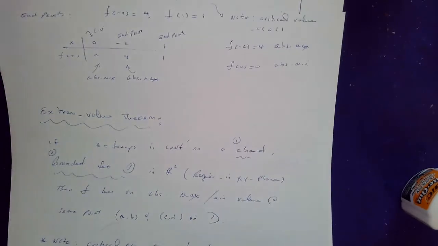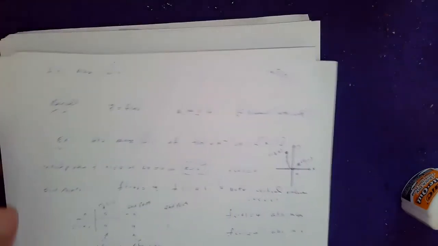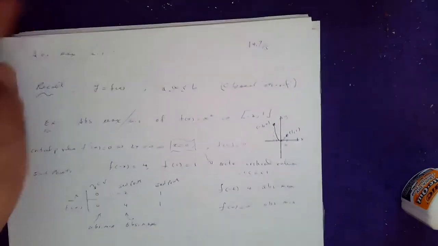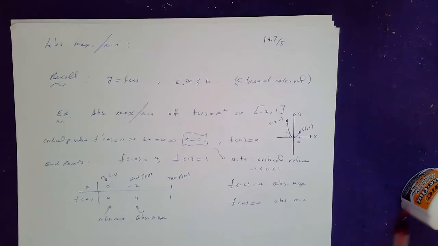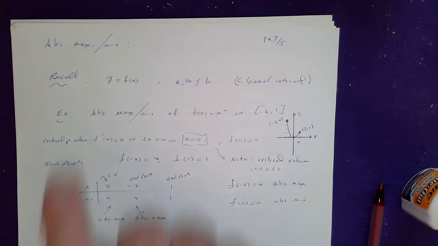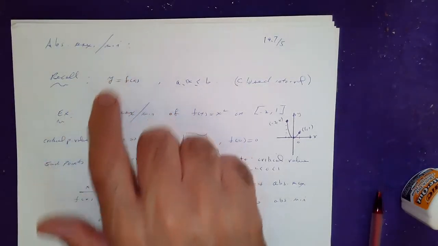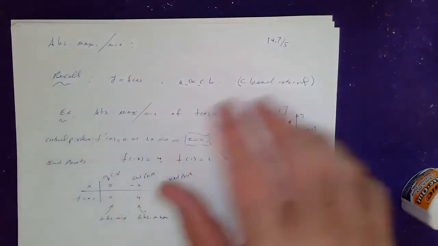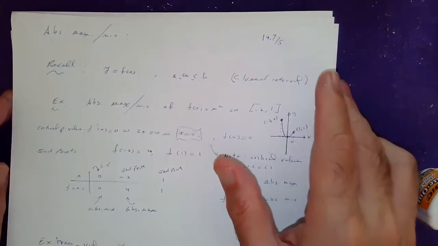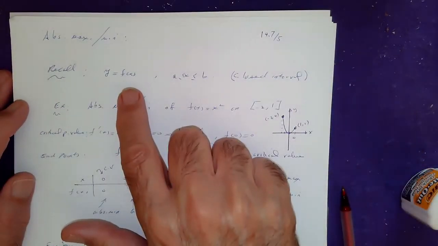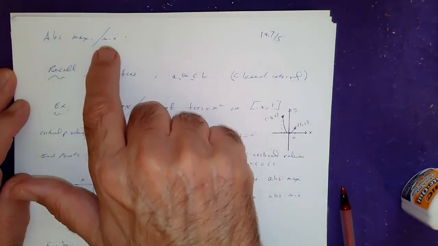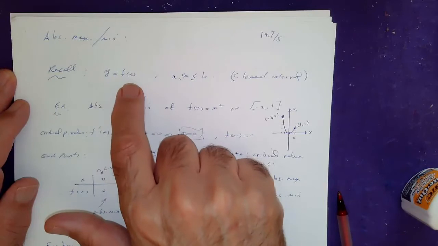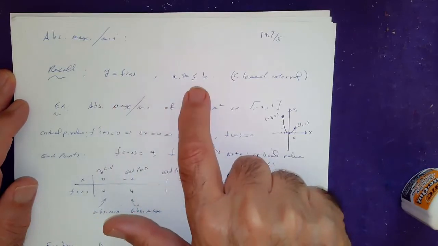The other idea is about finding the absolute. That means what? The highest value of the point in the entire graph of the surface. Absolute max and absolute minimum. Once again, let's go back to single variable functions and remind ourselves, in order to find absolute max and min, the function had to be continuous on a closed interval.